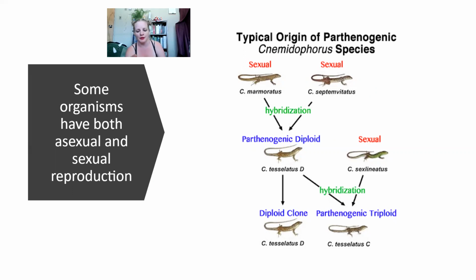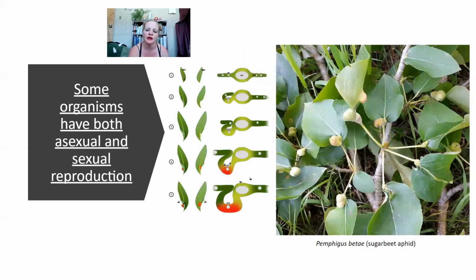So this is pretty neat that we have this in a vertebrate animal. So that's pretty cool. Another thing is that some organisms can both asexually and sexually reproduce. Most plants can sexually and asexually reproduce.